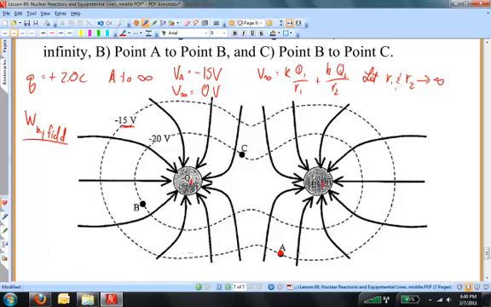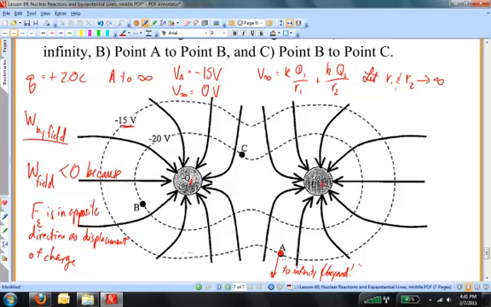On the other hand, the work that's done by the field is going to be opposite that. So the work that's done by the field is going to be negative. The field is trying to exert a force in the opposite direction as the charge is moving as it goes to infinity. So I know that the work that's done by the field is going to be less than 0, because the force of the electric field is in the opposite direction of the displacement of the charge.